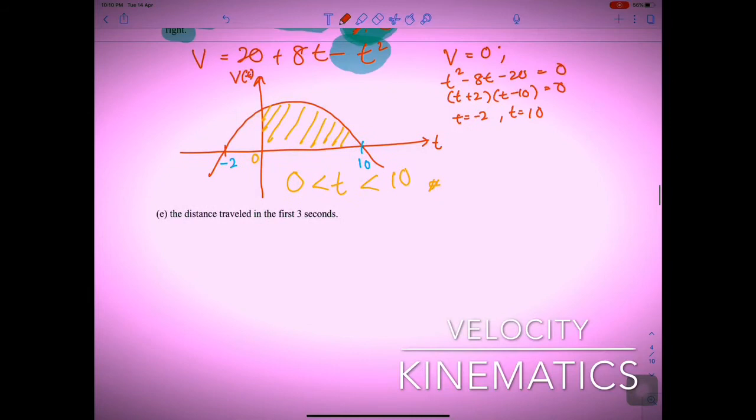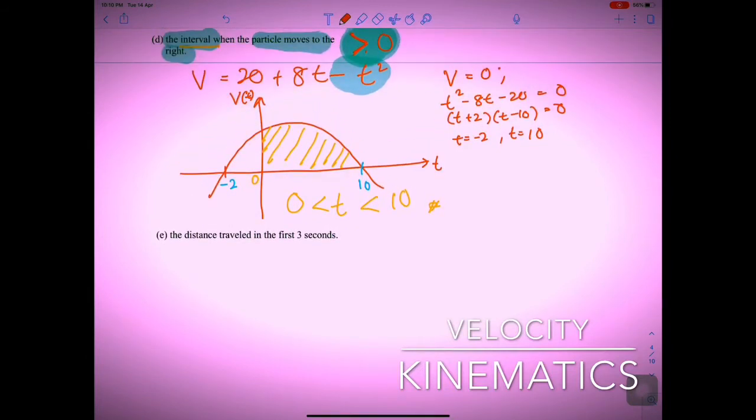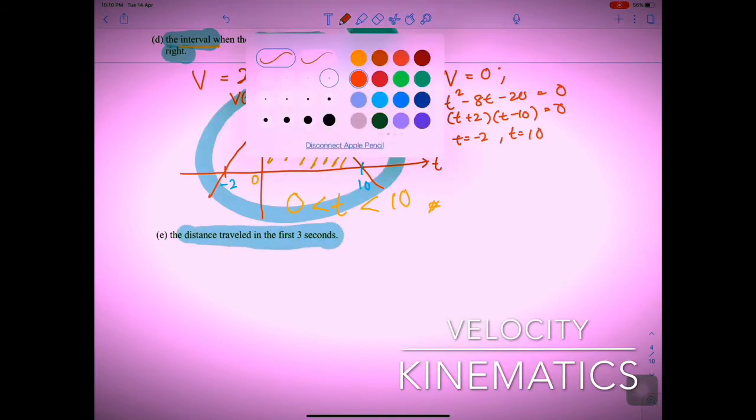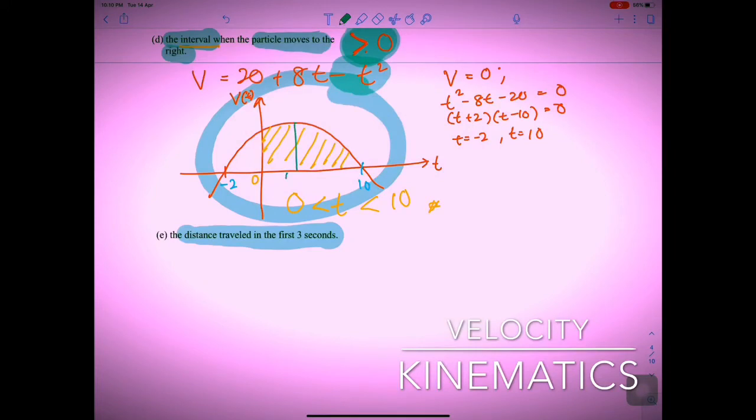Now question D has a connection with this graph. Question D asks for the total distance travelled in the first 3 seconds. So let's say this is t equals 3. The distance travelled in the first 3 seconds is the area under the curve of this diagram.